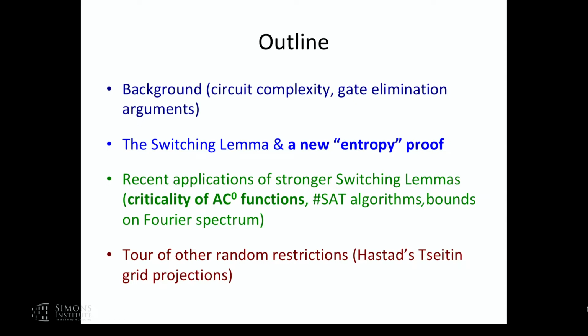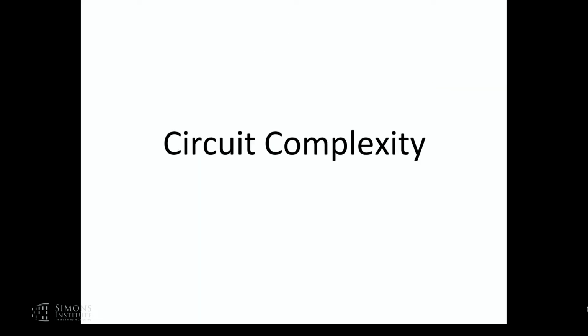And then finally, in whatever remaining time, I'll try to give a brief tour of some of the other random restrictions that are used to prove lower bounds, and maybe in particular focus on a recent result of Håstad in proof complexity, these site and grid projections. Okay, so that's the outline.